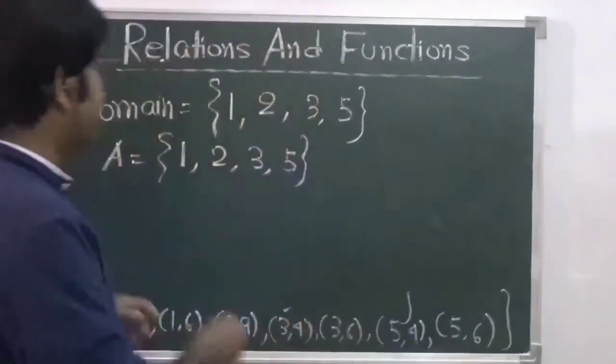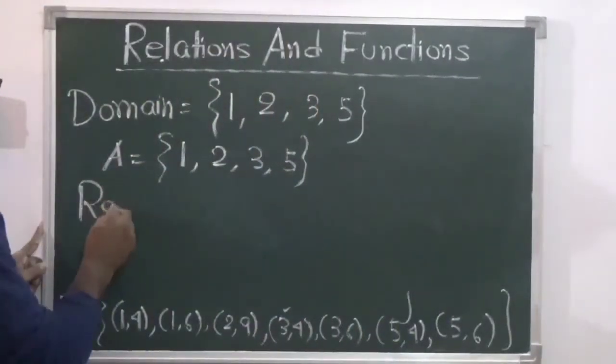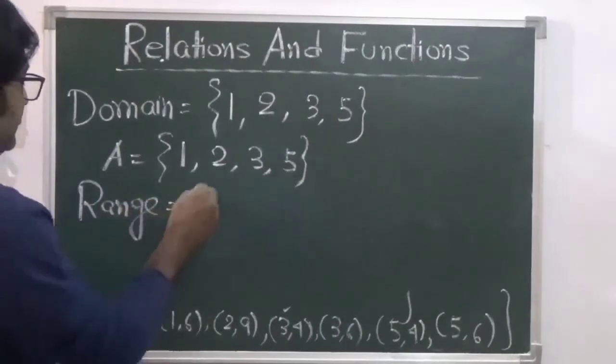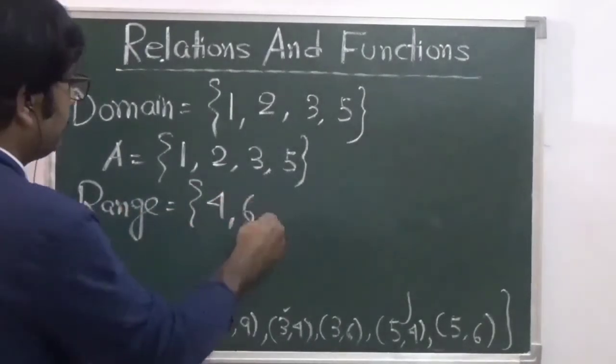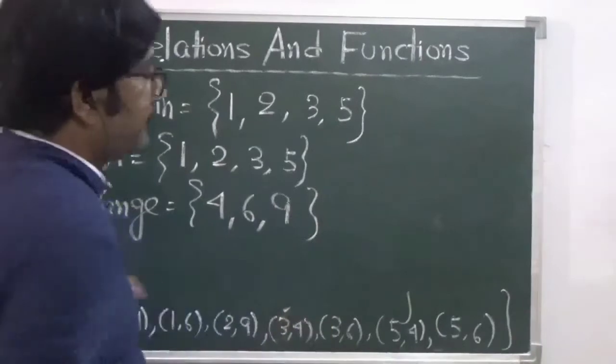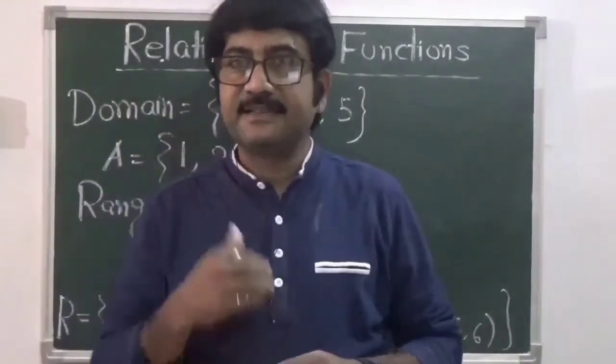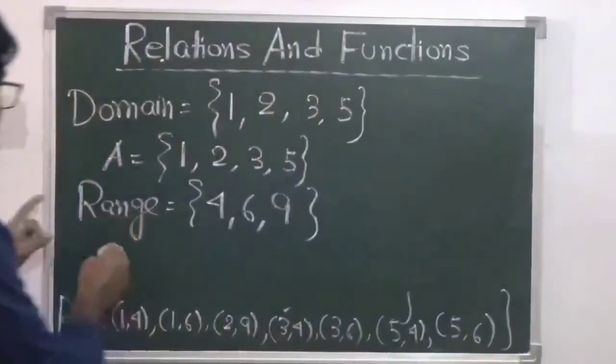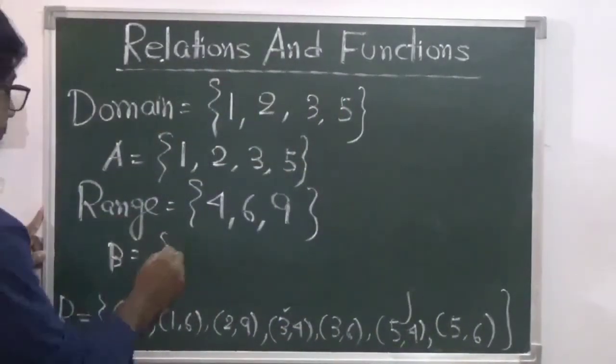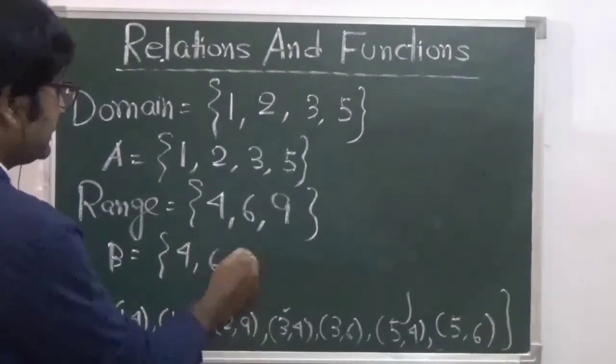Therefore, range equals 4, 6, 9, which happens to be the entire second set B. B was also 4, 6, 9.